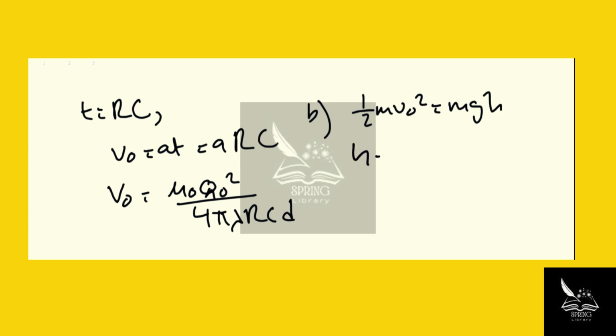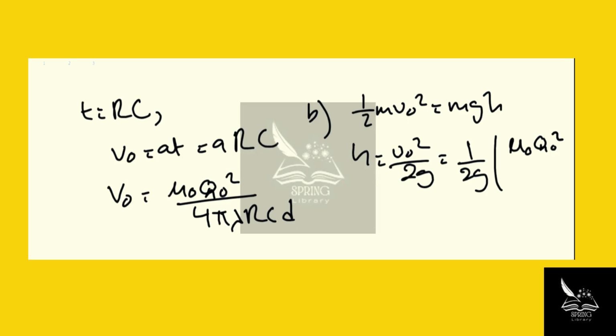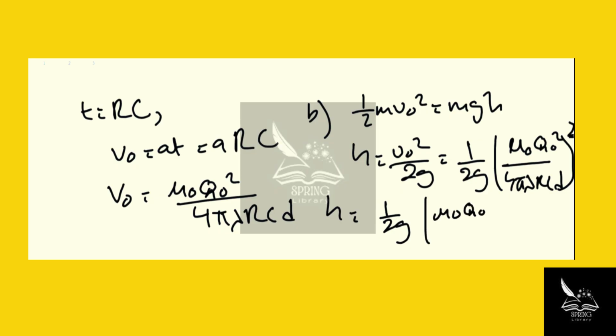From here, h will be equal to V naught squared divided by 2g, that is 1 over 2g times mu naught Q naught squared divided by 4 pi lambda RC d, whole squared. So this will be the height of the wire.